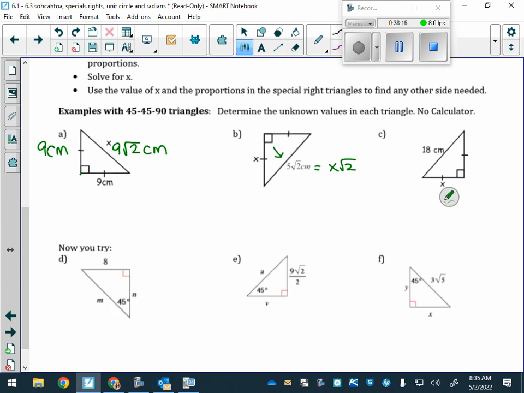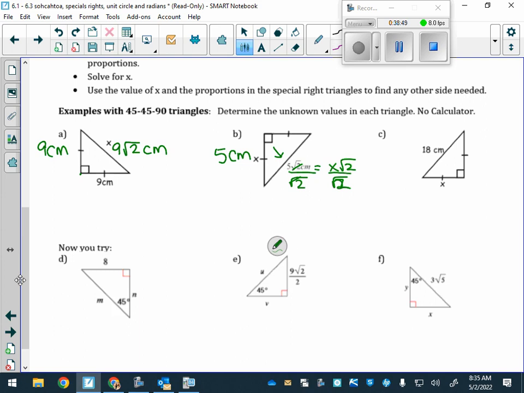Others, to find out what X equals, to find our two side lengths, we would divide by root 2. What happens to our root 2's? Cancel out. So what is our side length? Just 5. Okay? Questions?